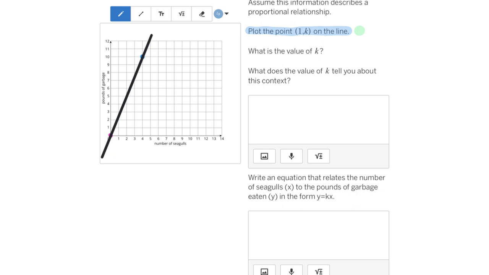So I have the point 1, K. So if I go over to 1, right there, that big circle there that I drew, that is about my point on there. And we're trying to figure out, what is this value here? Okay, we know it's 1, but we're not sure what the y value is.